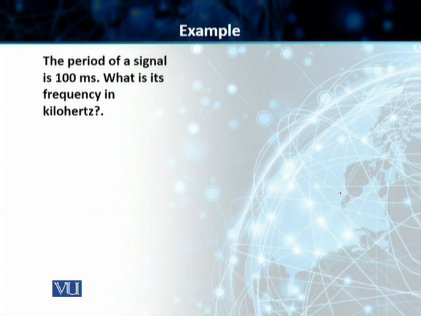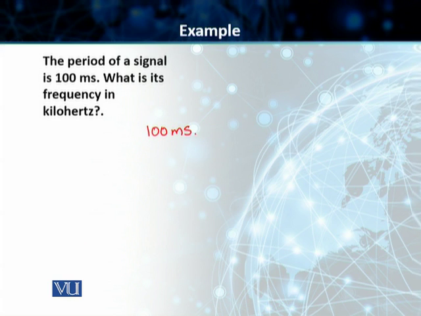Another simple example, students, we have got a period of a signal which is given to us as 100 milliseconds, and we need to find out the frequency in kilohertz. So students, the first step is to convert 100 milliseconds using the units that we have already discussed to seconds. So we have got 100 milliseconds.